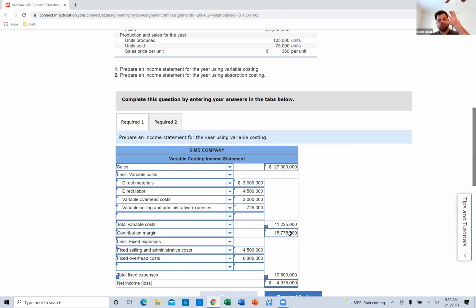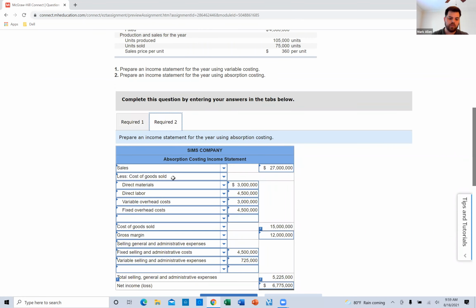Now you'll notice that initial subtraction here gives us contribution margin, but under absorption costing, that initial subtraction that we do at the top of my income statement actually gives us gross margin or gross profit, right? So do be aware, and we can see that if we just flip over.